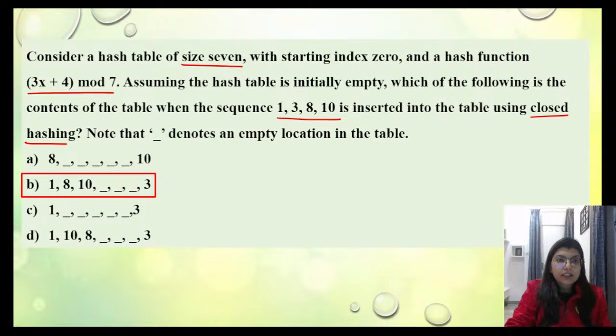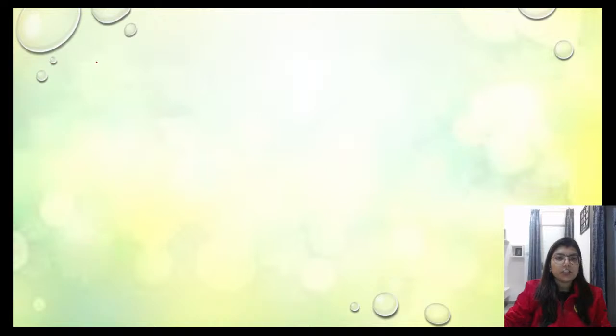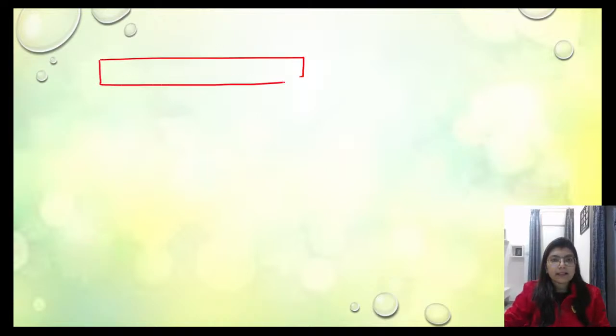So what they are saying is that you have to consider a hash table of size 7 with starting index 0. So you will make one table, and the indexes will start from 0: 0, 1, 2, 3, 4, 5, 6. So 7 blocks are there, right?